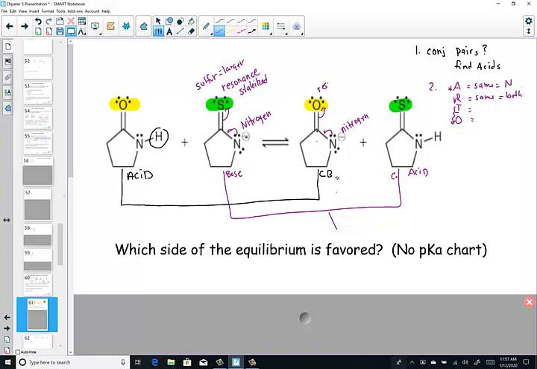So this is also resonance stabilized, but it's being stabilized by a smaller oxygen atom as compared to the sulfur, which is the larger atom. So yes, they're both attached to nitrogen. Yes, they both exhibit resonance. Really, induction and orbitals don't play a role here.